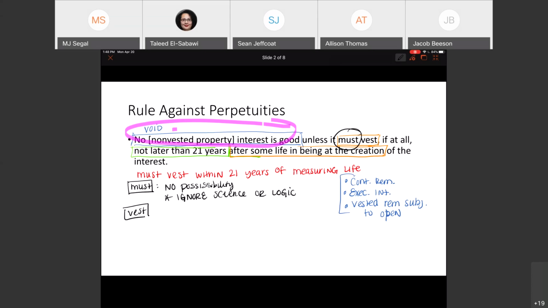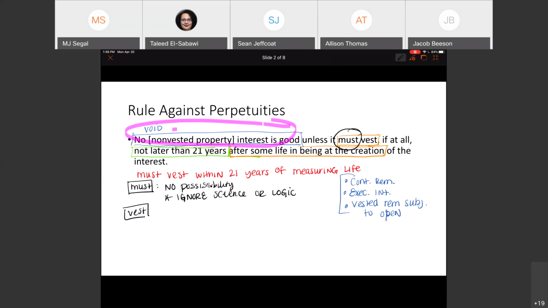So it's a guaranteed right. That means no conditions need to occur before the beneficiary has that right. And there is no confusion or uncertainty about who gets the interest. We can name all of the individuals that get the interest.